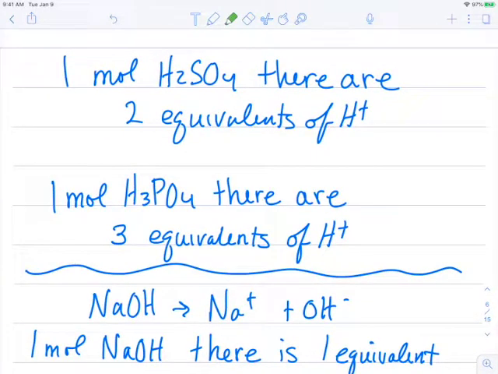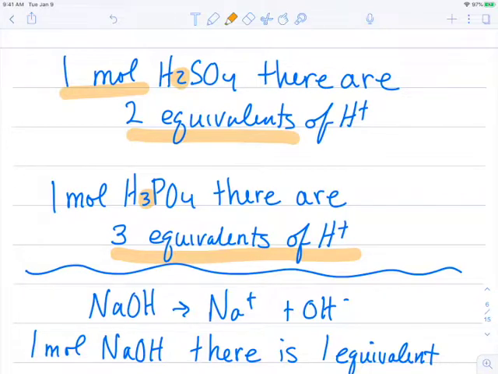Instead, it's talking about something specific in that solution. So whether we're talking about hydrogen or hydroxide, we're talking about something specific there. So for every 1 mole of sulfuric acid, there are 2 equivalents of hydrogen. For every 1 mole of phosphoric acid, there are 3 equivalents of H+. All right, so questions on anything here so far?